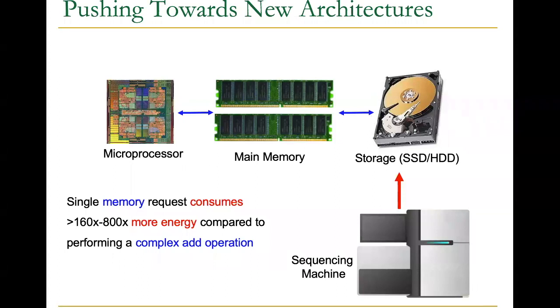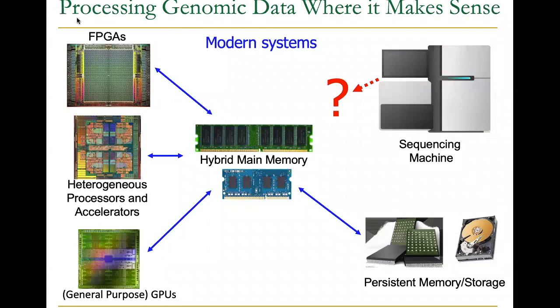Just for data movement, you can see here, a single memory request consumed up to 800 times more energy compared to performing a complex add operation. So you are wasting 800x more energy just to move the data to the processor to perform an AND operation, for example. That's very inefficient. That's why in our group we are also developing specialized solutions.